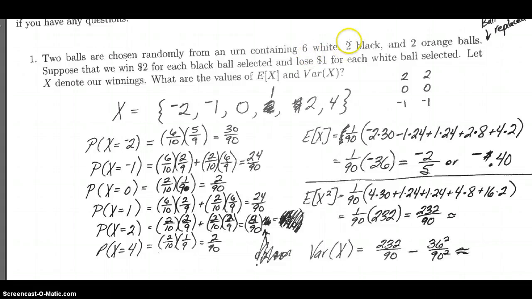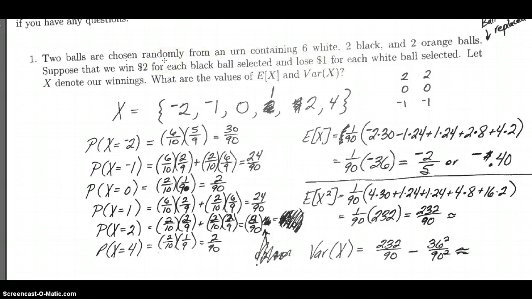So one way you can think of it is on any given draw, there'd be $4 of winning balls in there, $2 times 2, and $6 of potential losings, 6 times -1. So the losings, from that perspective, are going to outweigh the wins.